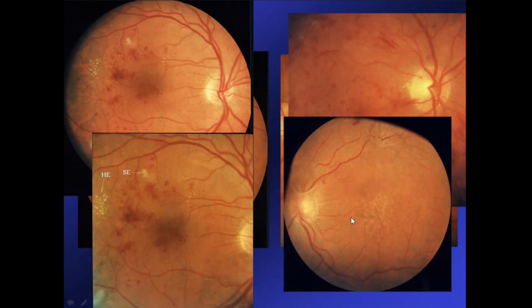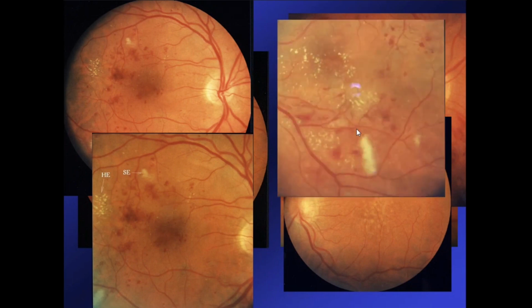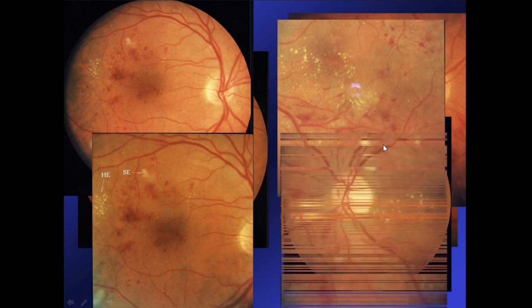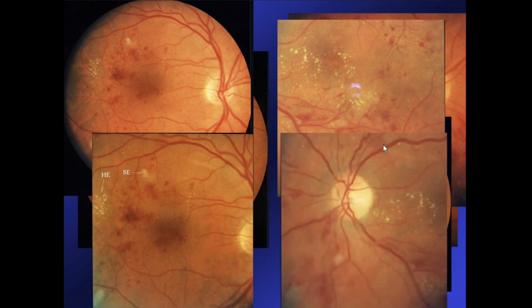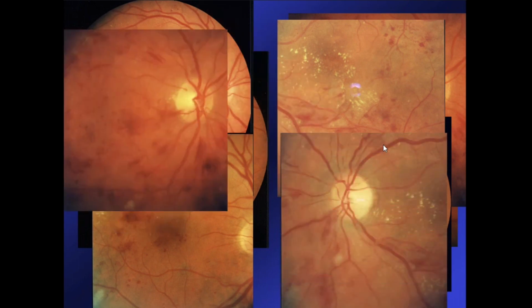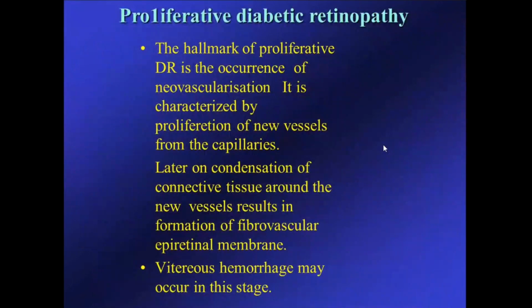In this picture you can see hard exudates, some hemorrhages. This is the central part of the retina: edema, exudates, cotton wool spots.